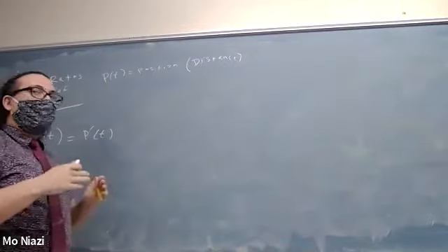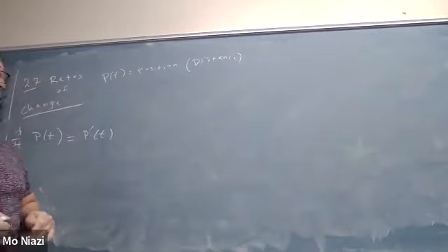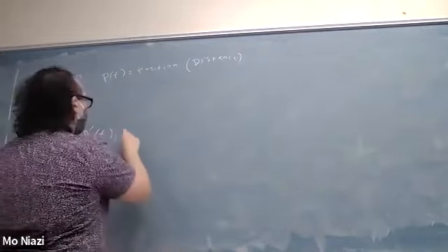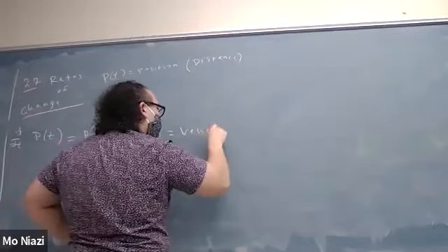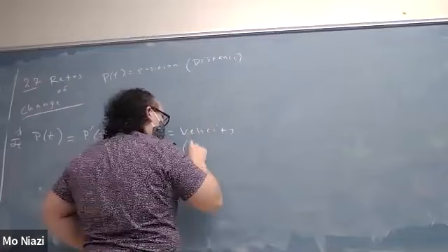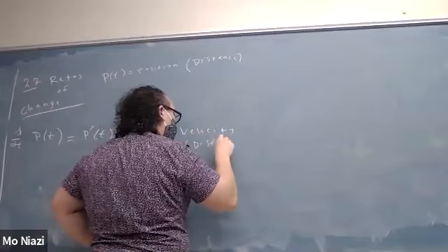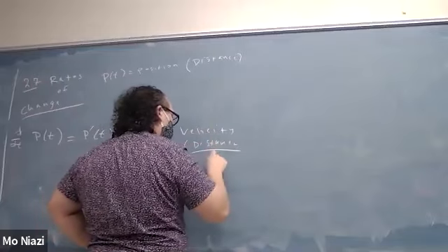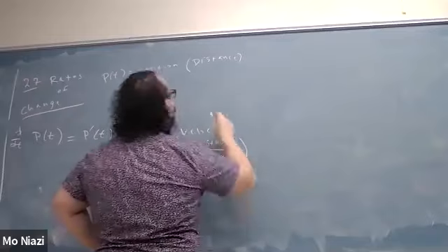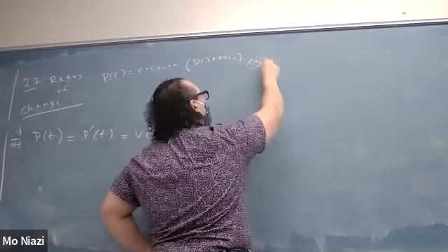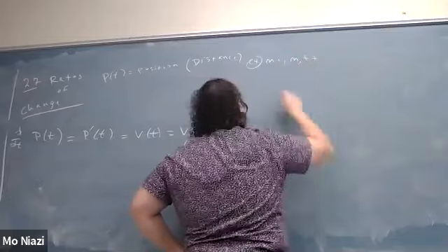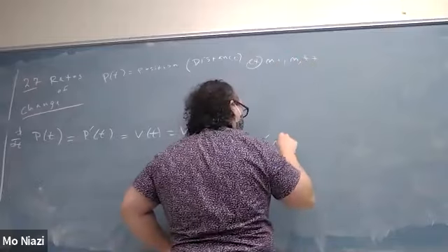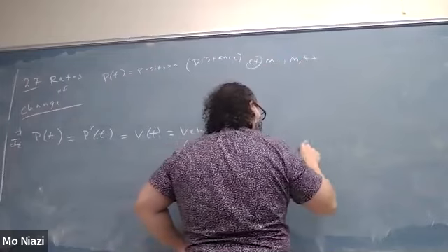Speed is just the number. Velocity is the number with the direction in which that speed is going. And this is distance per unit of time. An example of distance is miles, meters, feet. An example of velocity is miles per hour, meters per second.